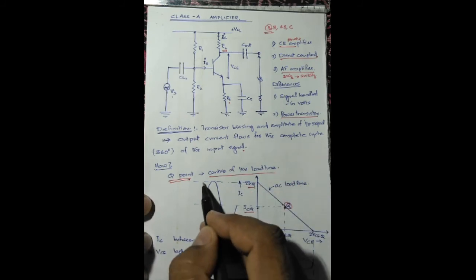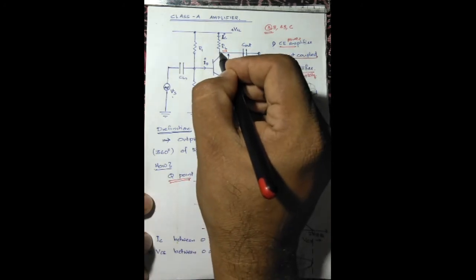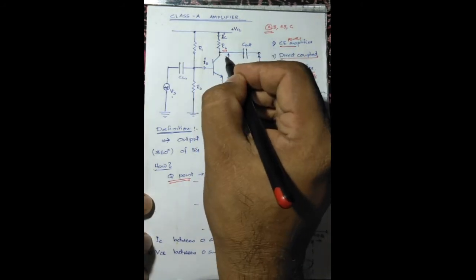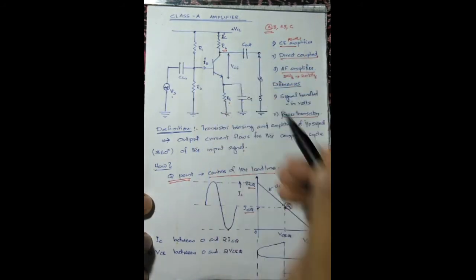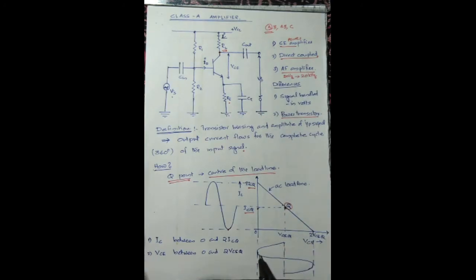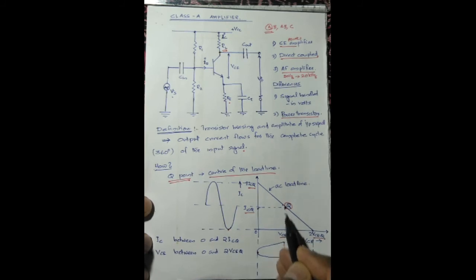Likewise, when the collector current increases, the voltage at the collector decreases. So VCE decreases to a minimum value of 0, and thereafter it can increase. When the collector current decreases, the VCE value increases, and it can reach a maximum value of 2 times VCEQ, where VCEQ is the voltage corresponding to the quiescent point.